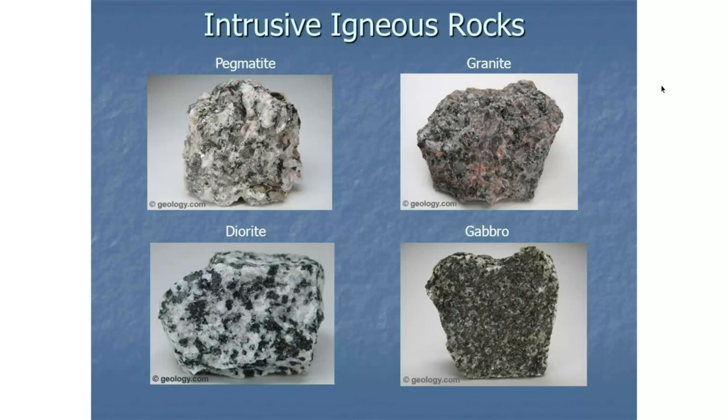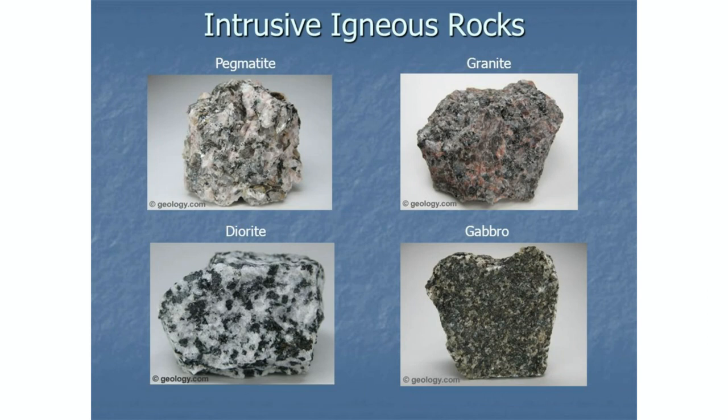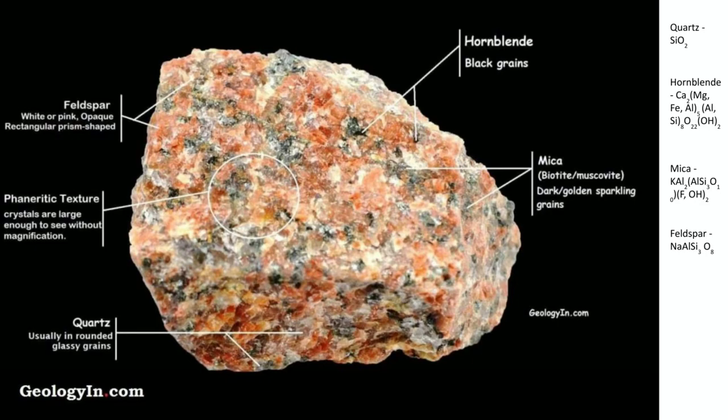Intrusive igneous rocks lose thermal energy so slowly that the mineral crystals have a lot of time to form, and you, without any kind of magnification, can see each individual mineral grain or crystal within these rocks. So just by looking, you can tell that these have very good texture, and so they are formed from intrusive magma.